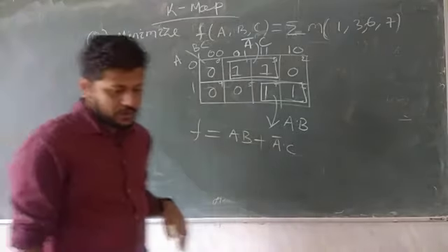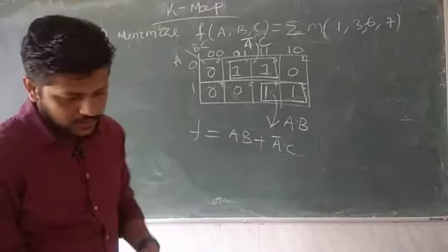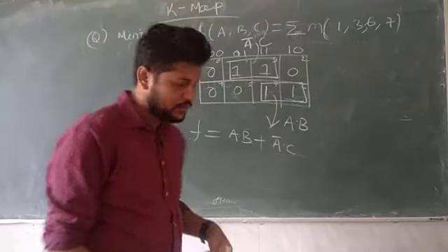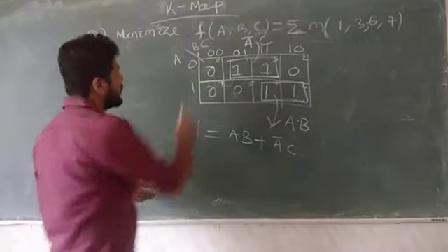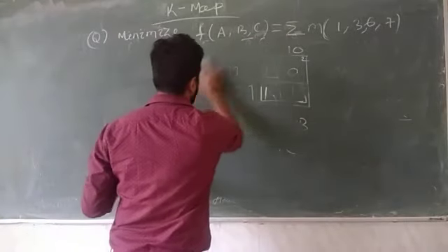So a homework question for you, try this question and finally give the result. Minimize the function f of ABC, summation of 0 1 2 5 6 7. This is a homework question for you. Please try it at home.